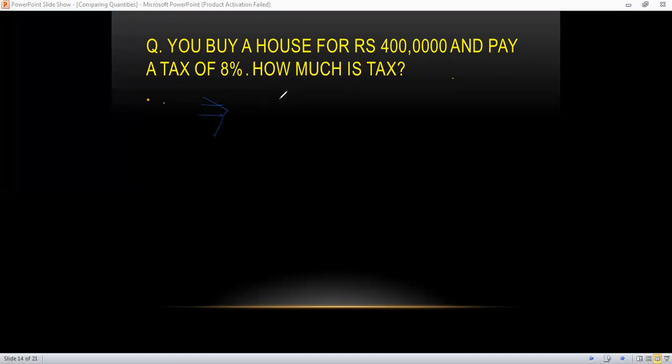Now what will we do? We will simply find 8% of 4 lakh. Now this is 32,000.